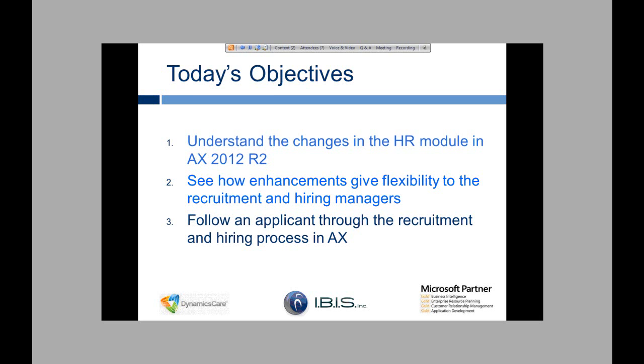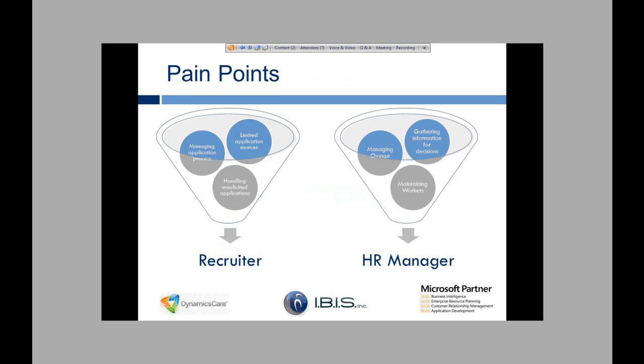So just as some background, some common pain points that we see for recruiters and HR managers. Recruiters often have a hard time finding multiple application resources and being able to narrow down where the most hires are coming from within those sources.